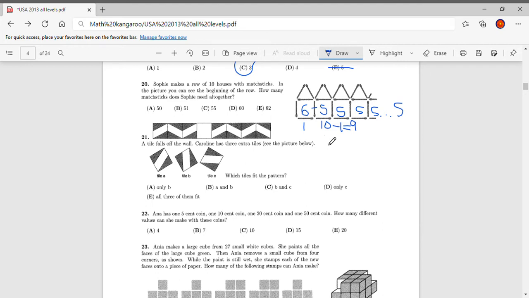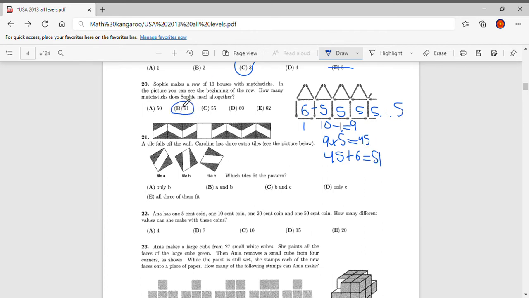So when we multiply 9 times 5, we get that these houses will use 45 matchsticks in total. Now when you add 6 to this, 45 plus 6, you get that the total number of matchsticks these 10 houses will need is B, 51.